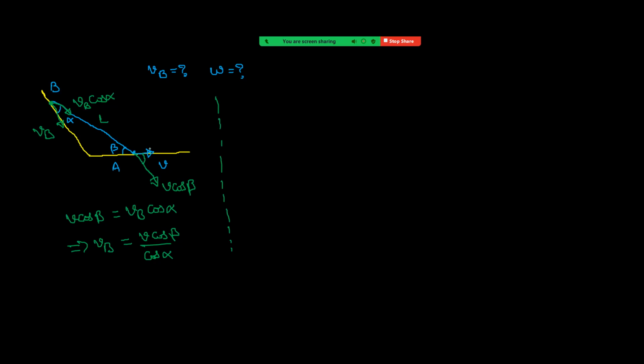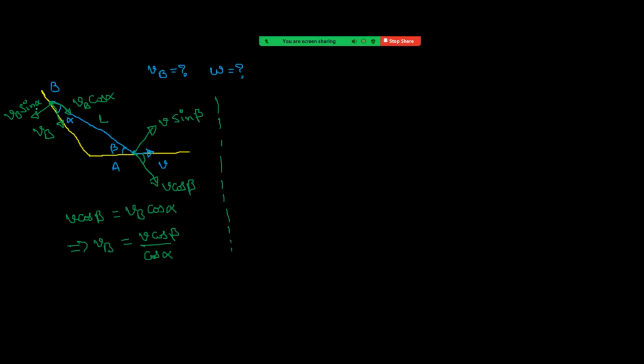Okay. You can see here, for this V, the velocity component normal to the rod length is V sin beta, and this VB is like this. One component is now like this, right? That is VB sin alpha.